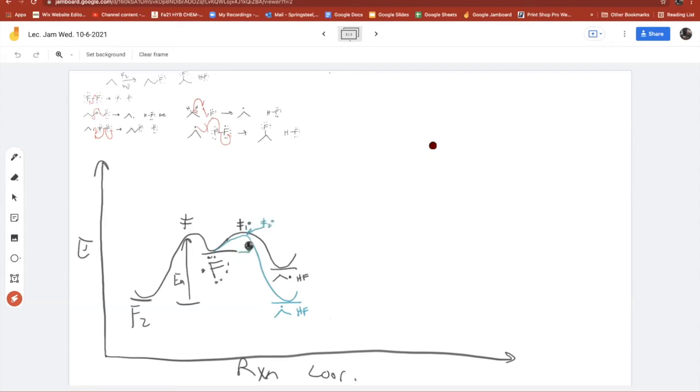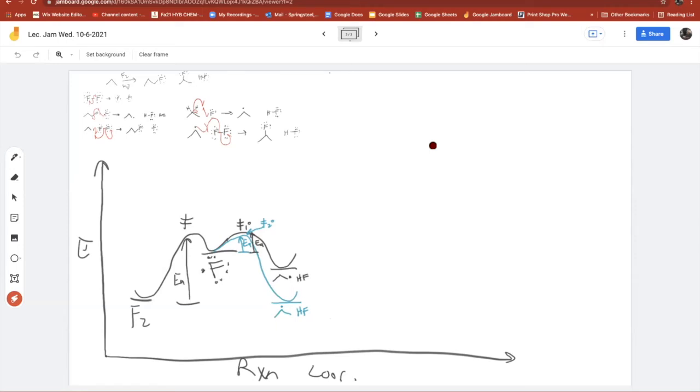So the activation energy is going to be almost identical to the activation energy primary. So that means that we're going to make about the same amount of this secondary and the primary radical because their activation energy is the same. They're made just as fast.